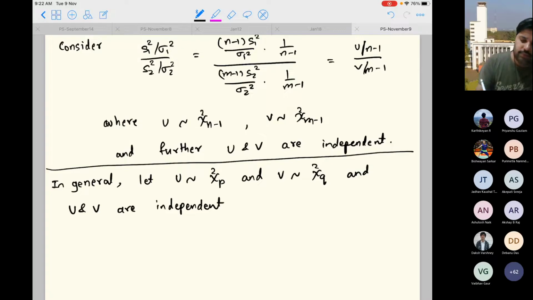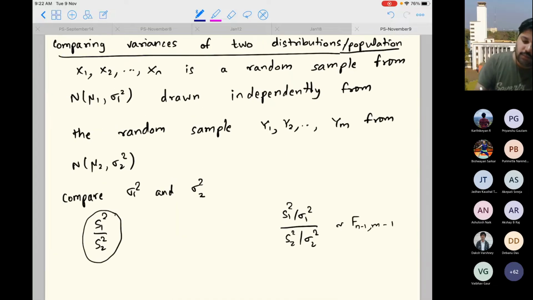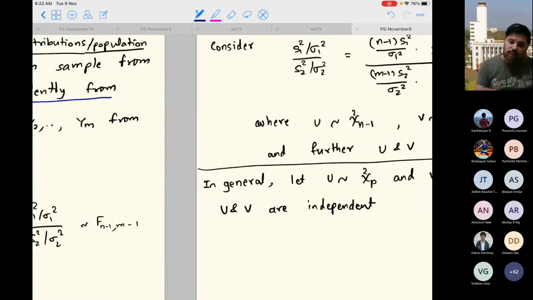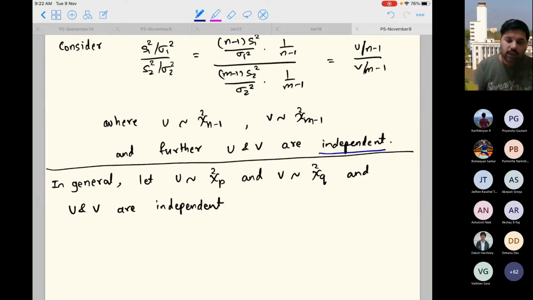The independence is coming because the two samples are drawn independently of each other. The first sample from the population is independently drawn from the second sample. There is no statistical dependence, so that is something we have to assume. So u and v are independent.